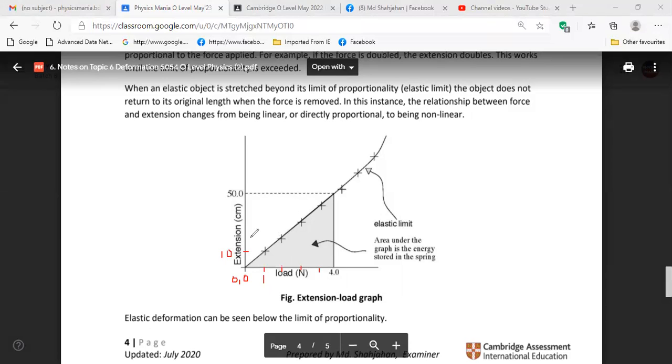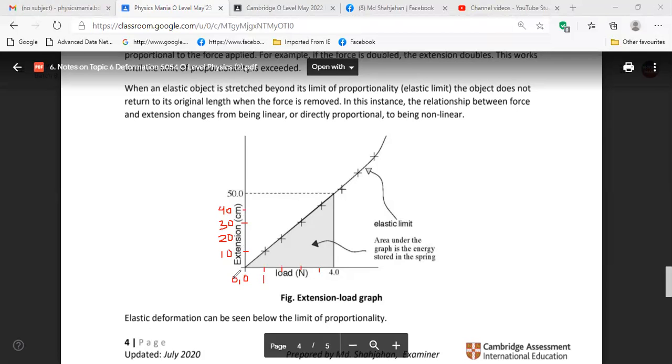Then we have 20 centimeter, then 30, this way go on, then 40. On the axis we have 0, 10, 20, 30, 40.